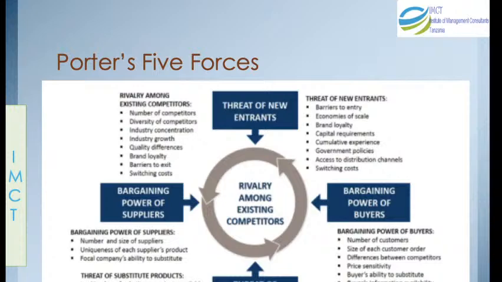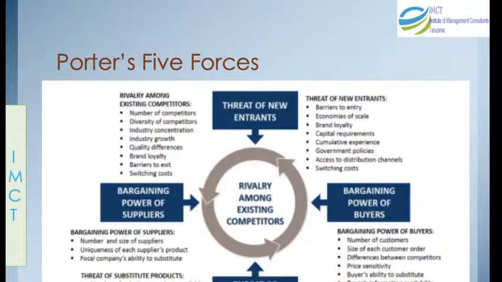What about the switching cost? But also the bargaining power of buyers. That includes the number of customers which the client has, the size of the customer order, and the difference between competitors, or differentiation of the competitors, price sensitivity.